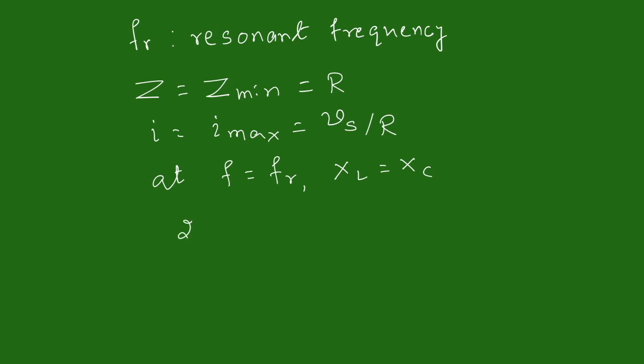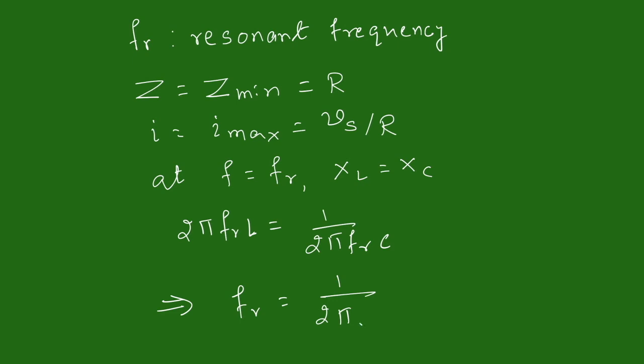Hence, we can write 2 pi Fr into L is equal to 1 upon 2 pi Fr into C, which implies Fr is equal to 1 upon 2 pi root LC.